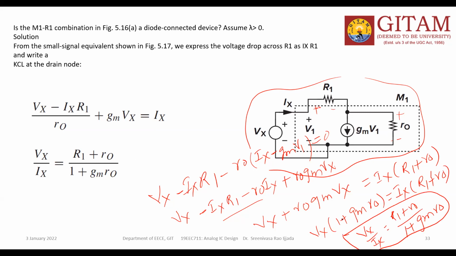Understand? Don't try to write the KVL expression in this direction, like this or like this. A loop equation you never write like this, because this is a dependent current source. Across the dependent current source, we don't know the voltage or the impedance. Without knowing that, how can you take that drop?